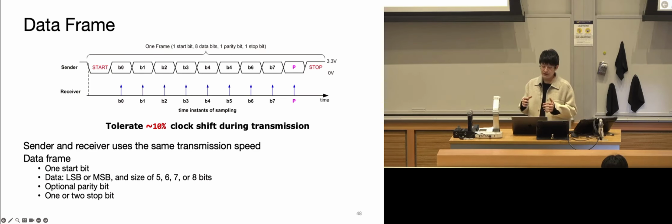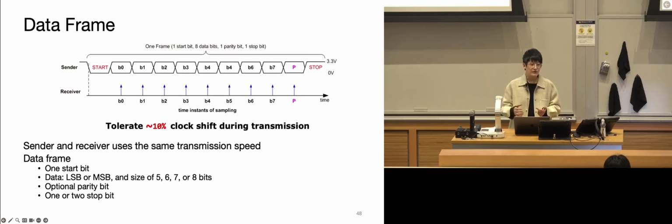You could configure the data to be 5, 6, 7, or 8 bits, conveniently 8 bits corresponding to ASCII. So most strings, numbers, and characters can be covered with just 8 bits of data.